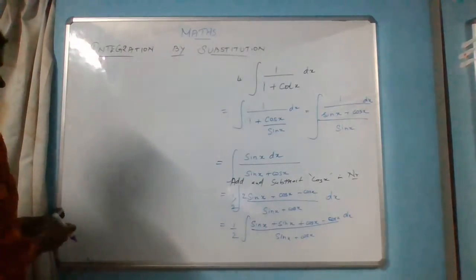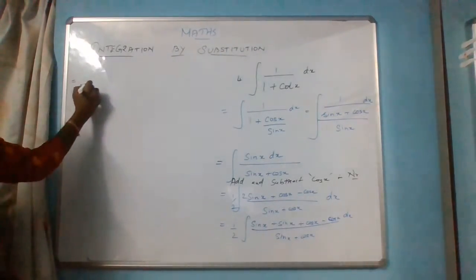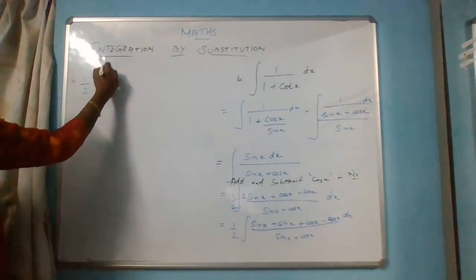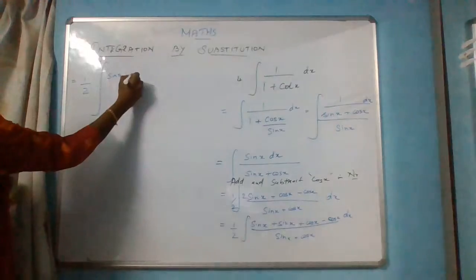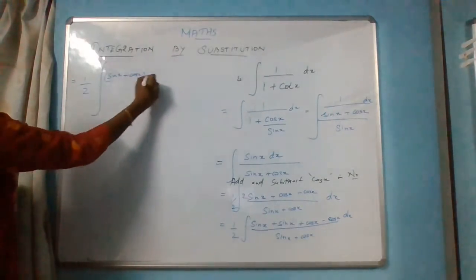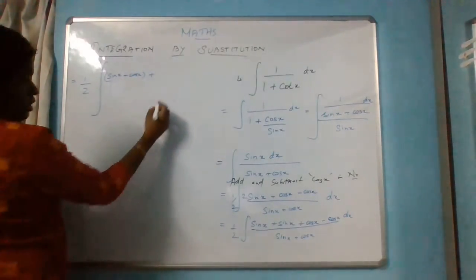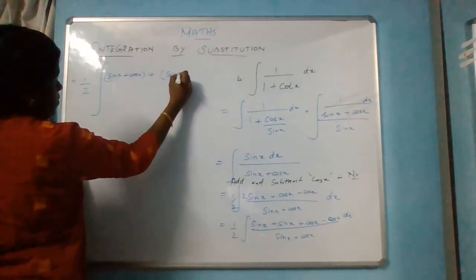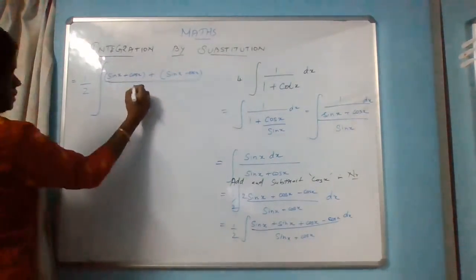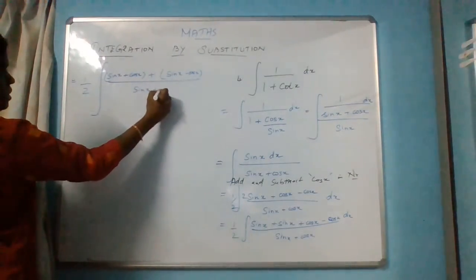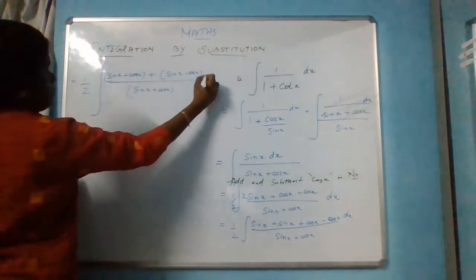After this, when I proceed, I'll be getting 1 by 2 common, and the integral can be written as sin x plus cos x, then once again sin x minus cos x by sin x plus cos x into dx.